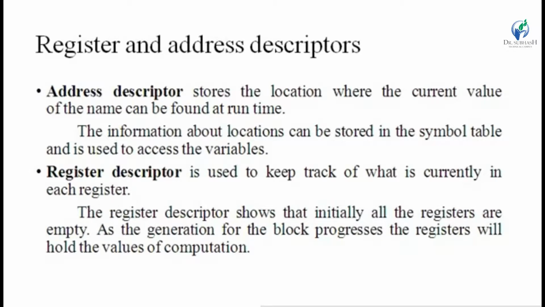The register descriptor is used to keep track of what is currently in each register, and it shows that initially all the registers are empty. As the generation for the block progresses, the registers will hold the values of computation.